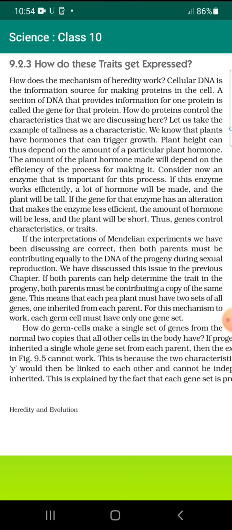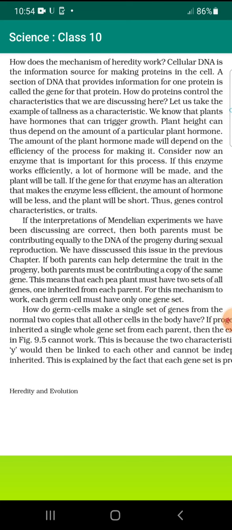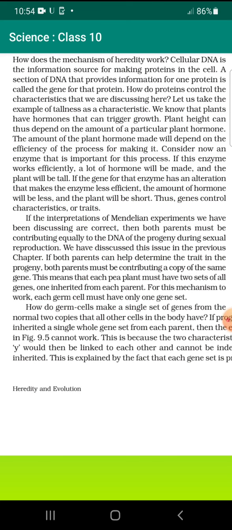tallness as a characteristic. We know that plants have hormones that can trigger growth. Plant height can thus depend on the amount of a particular plant hormone. The amount of plant hormone made will depend on the efficiency of the process for making it. Consider now an enzyme that is important for this process.